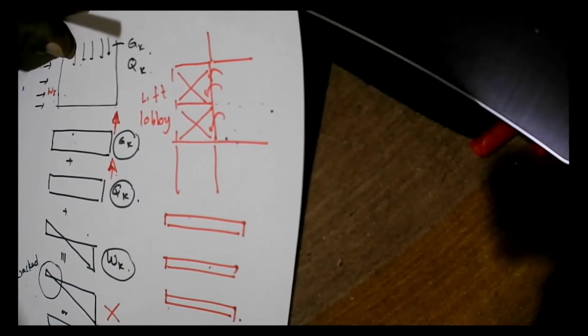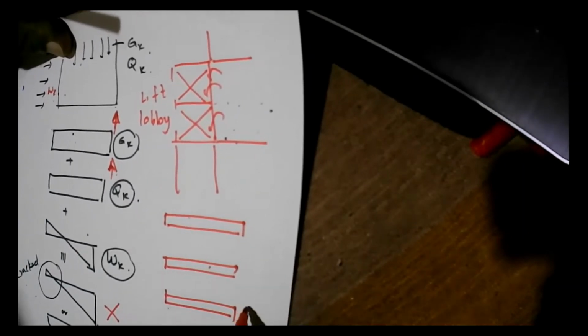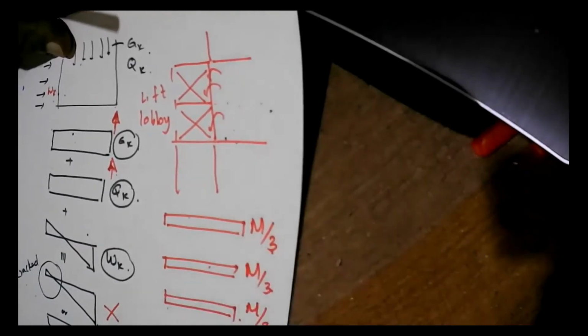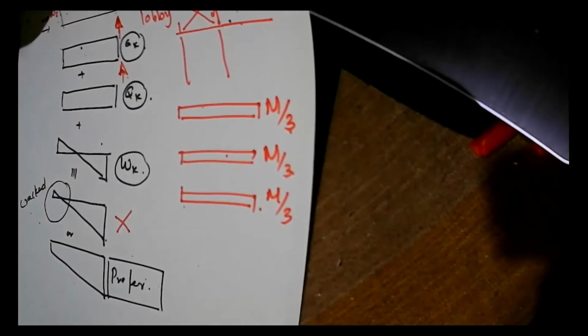On the other hand, what you have to do is, this Wk induced bending moment can be shared between a number of walls. So instead of having one wall, if you're having 3 walls, then each wall will be carrying a lesser moment. The moment carried by each wall will be M by 3.